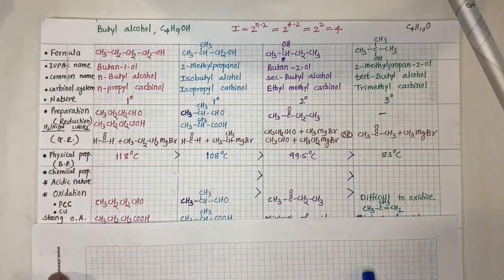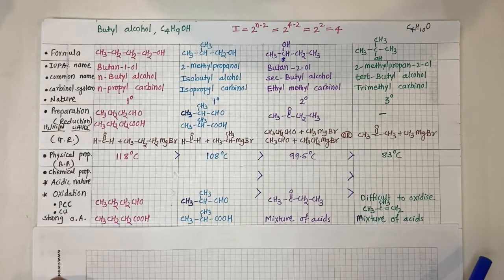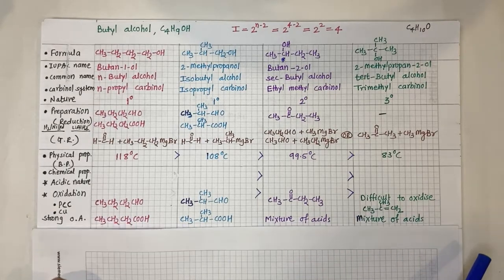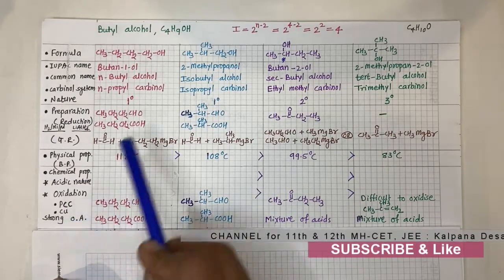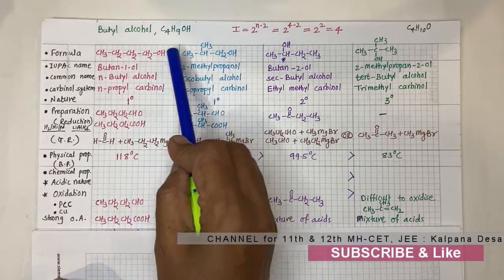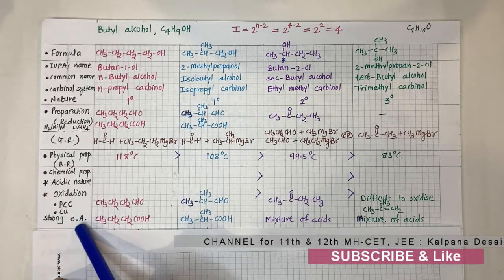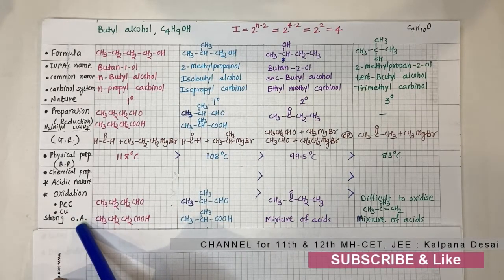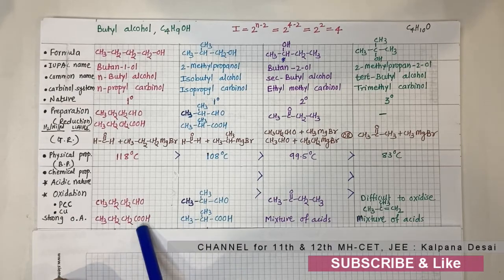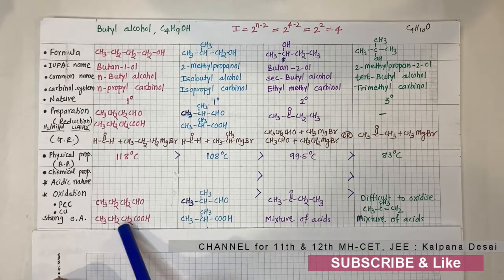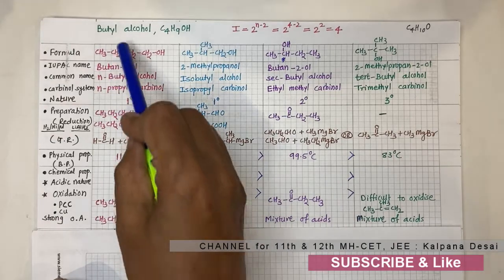Okay, next. Now one more, oxidation by using a strong oxidizing agent. Now here primary alcohols on oxidation with a strong oxidizing agent like KMnO4 or potassium dichromate or HNO3 give the corresponding carboxylic acid with the same number of carbon atoms.